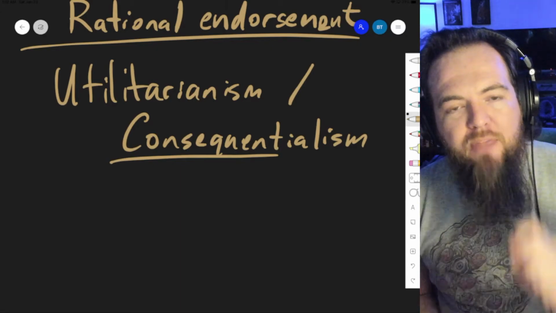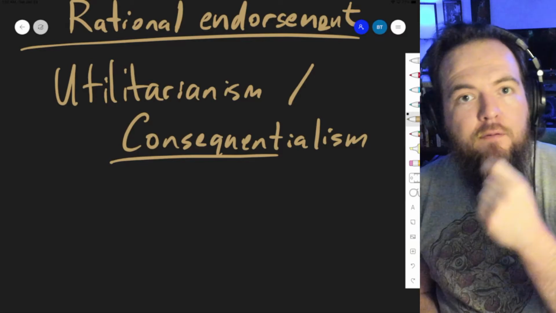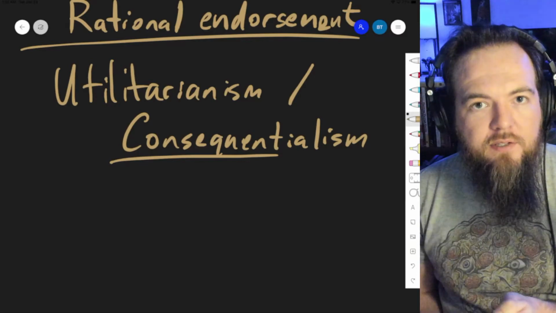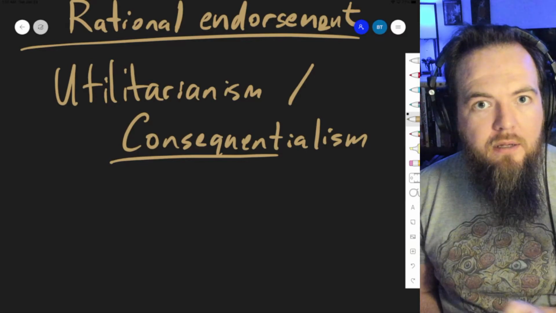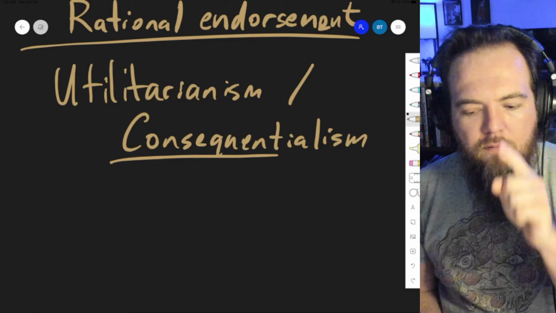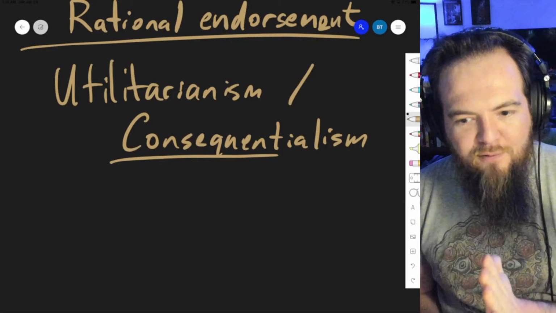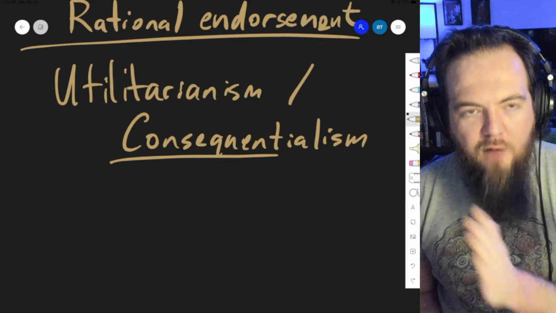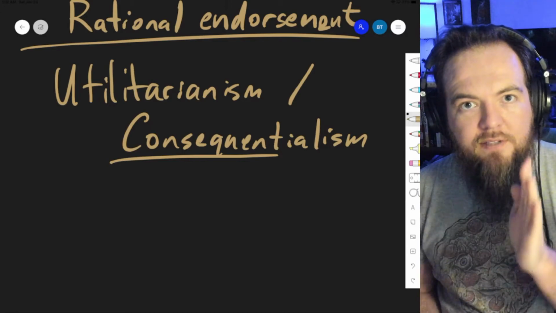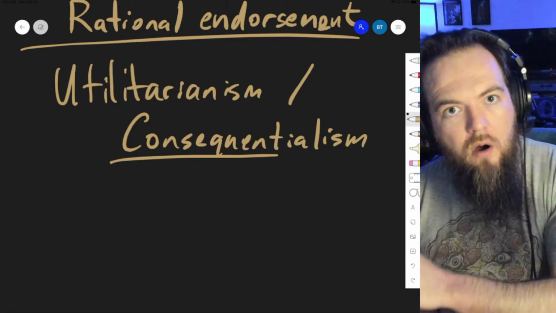What makes something right or wrong is what follows from the action. For Kant, it's never acceptable to lie to someone. Why? It disrespects their humanity. Okay? For the utilitarian, no action is off the table. Everything is up for grabs, depending on what the consequences are.